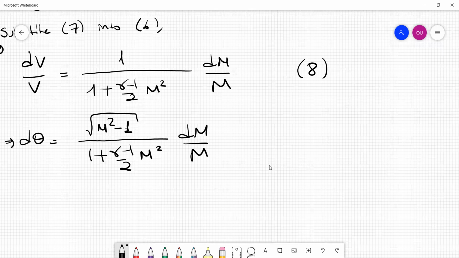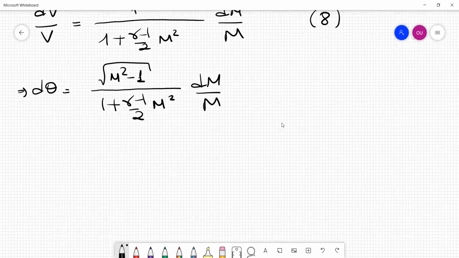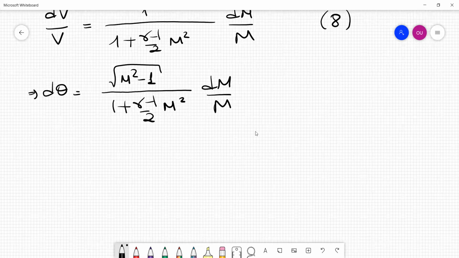Now, this is a differential equation, d theta on the left-hand side, dM on the right-hand side, and the function before dM is entirely written in Mach number. So I can integrate the left-hand side and the right-hand side.